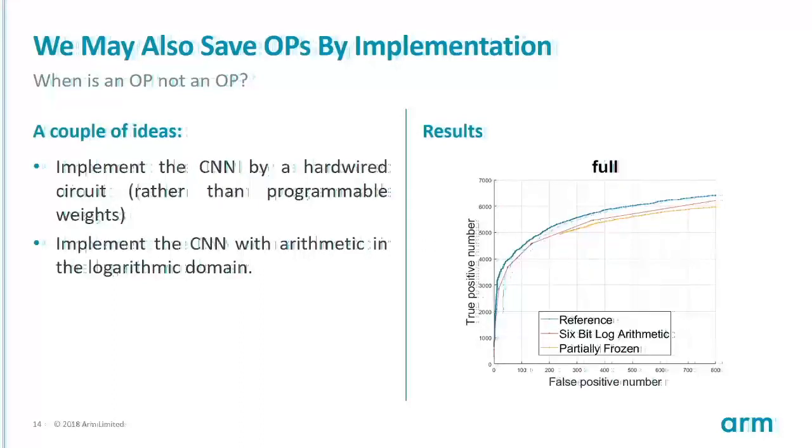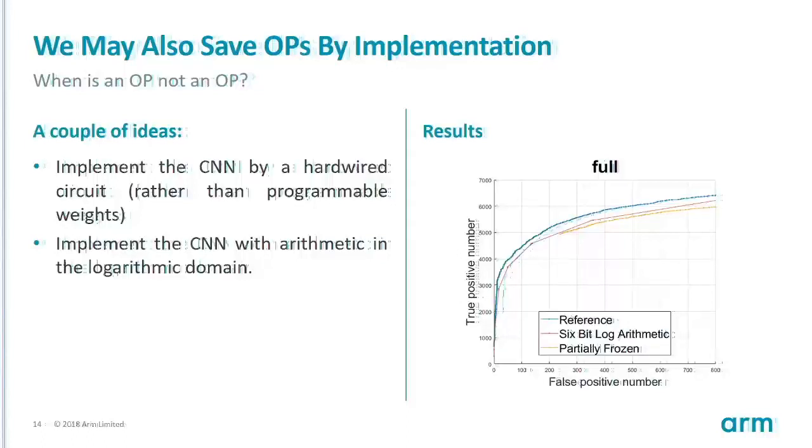You're going to apply this network to the whole frame, every frame anyway. If you rarely want to change it or never want to change it, hardwire it. Second option, implement the CNN in logarithmic domain. So in logarithmic domain, your multipliers become adds, and your adds become hard, but you can do some fiddling with it, which is subject to patent.